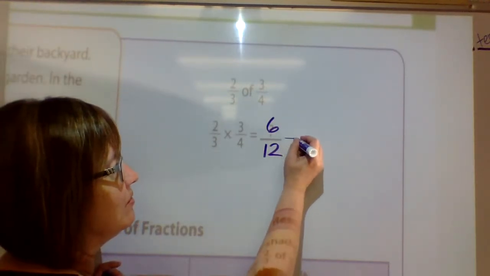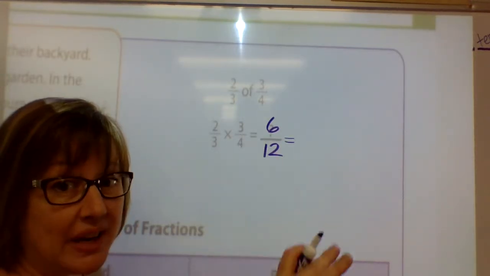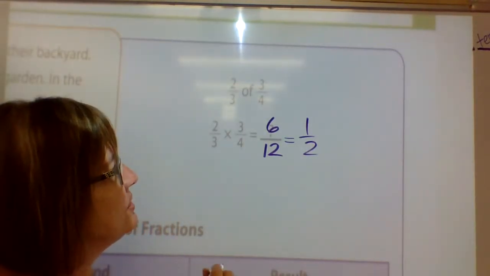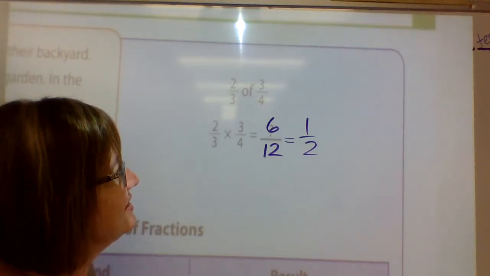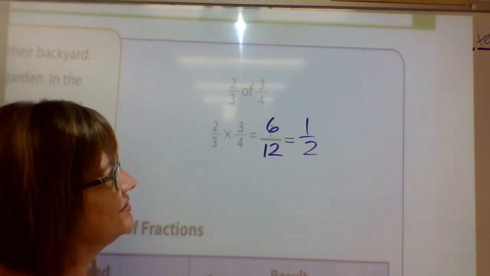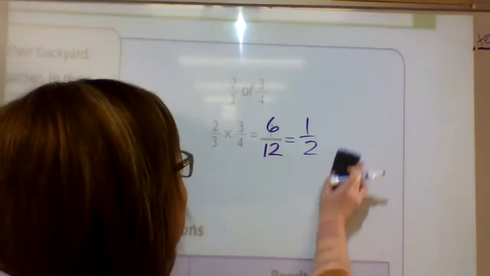So if we were to reduce that, that should jump out at you saying, what do you recognize there? That's a half, right? So that means half of their 3/4, right? Or is it half of the whole thing? No, it would be half of 3/4. So half of it will be corn, okay?